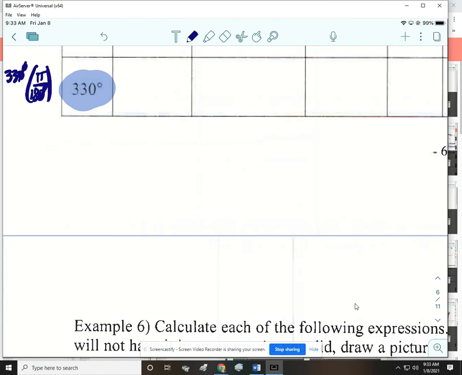All right, so the zeros will cancel. 3 goes into 33 and 18, 11 times and 6 times.